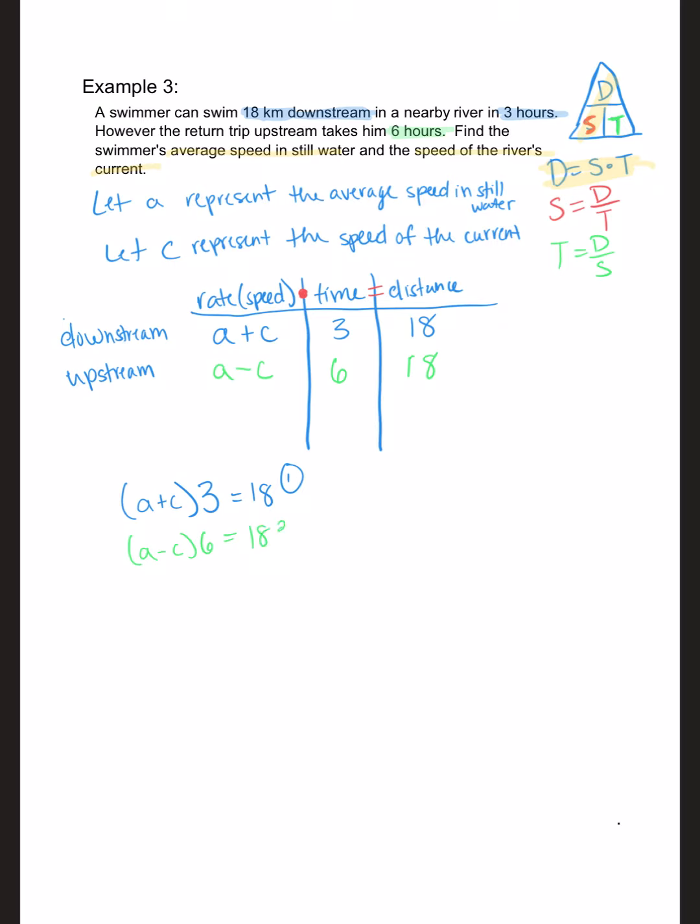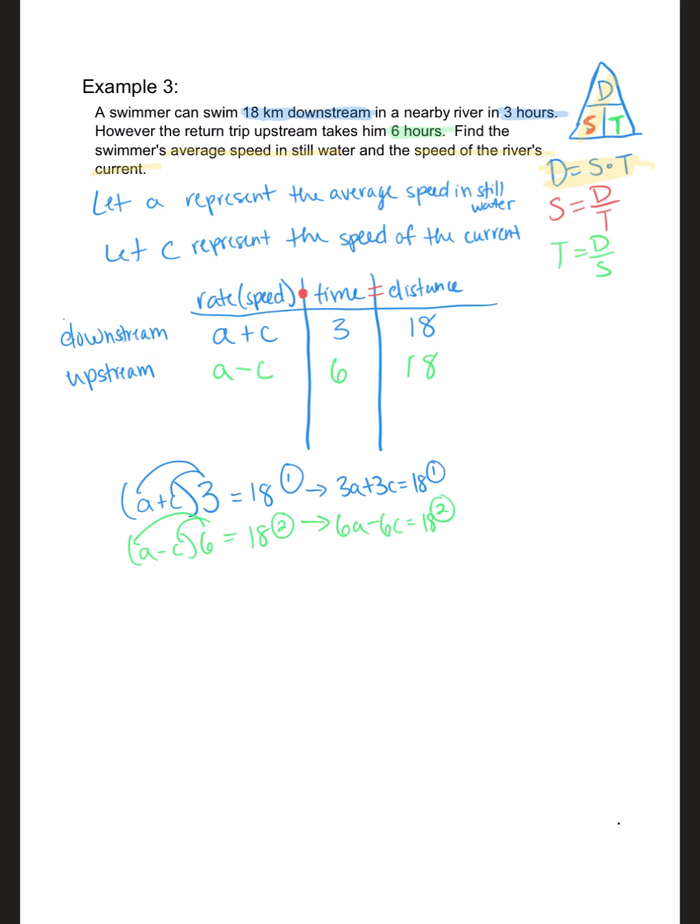Let's first distribute into our brackets to simplify these equations. For equation 1, we have 3a plus 3c equals 18. For equation 2, we have 6a minus 6c equals 18.